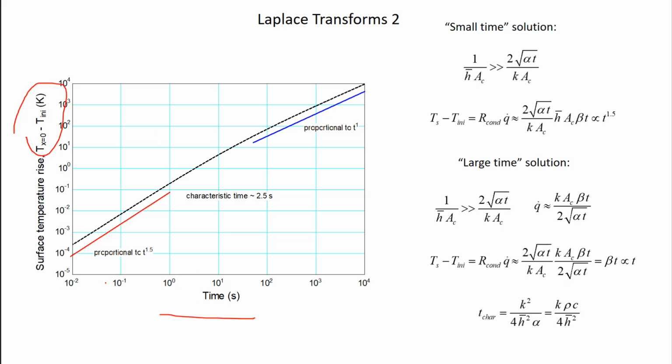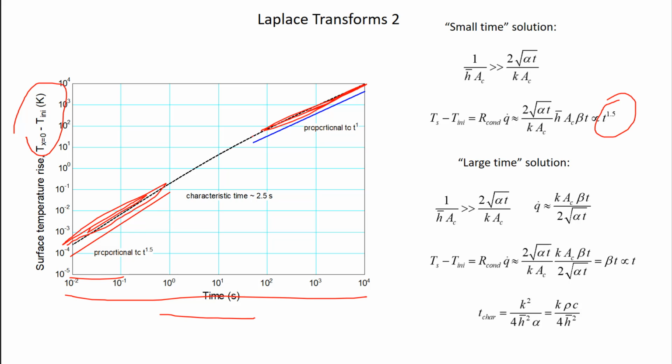You can actually see, if you go over several orders of magnitude of time, you can see this initial proportional small time period, and then you can see that the slope kind of flattens out, and you go to this long time period. So initially 1 decade here is going to give you 1.5 decades of temperature rise, which is what we thought would happen.